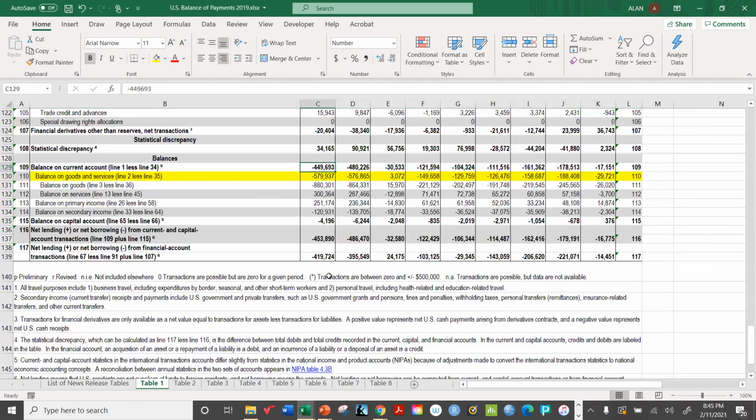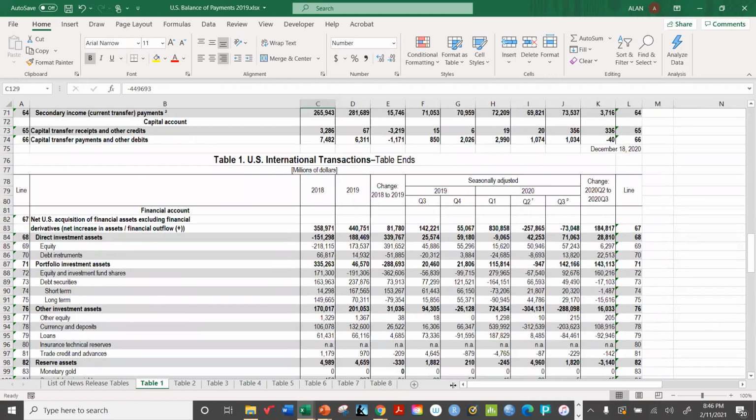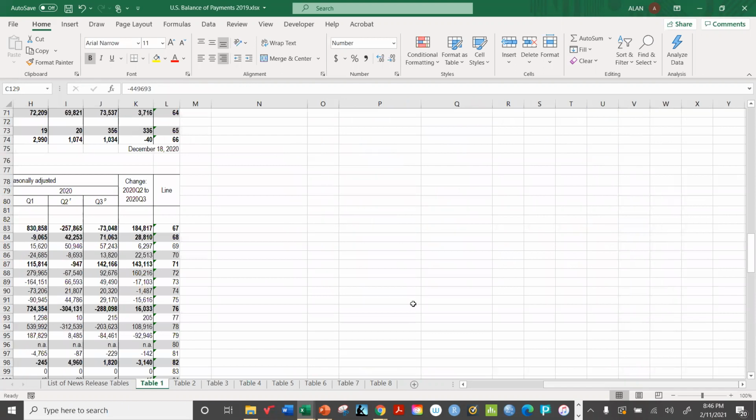So in other words, you can see the trade deficit is minus 579,937, but some of that is offset by our surplus in the net income receipts. So the current account deficit is a little bit smaller. It's still a deficit any way you look at it, but it's a little bit smaller because we did at least earn a surplus in the net income area, which I summarized over here somewhere.